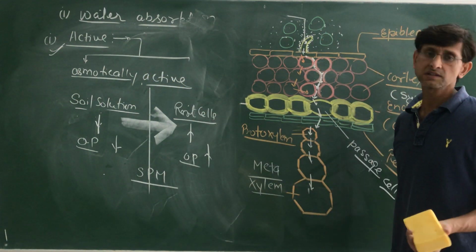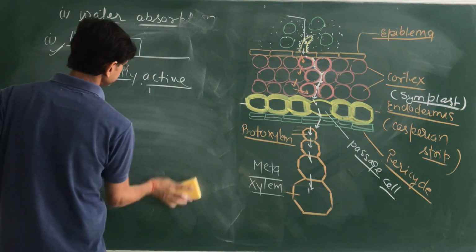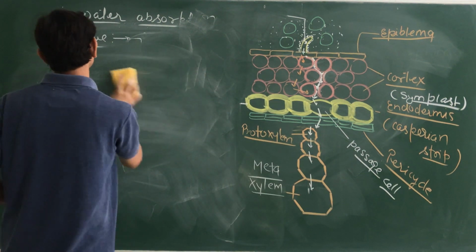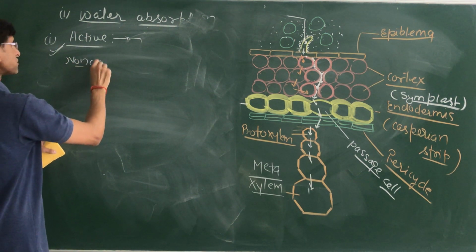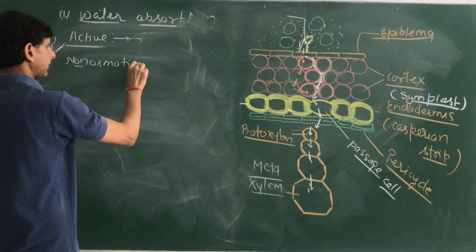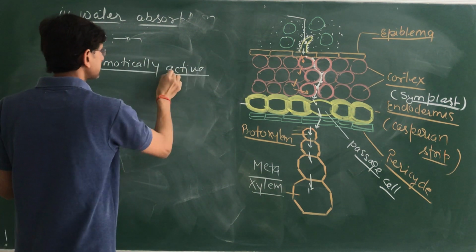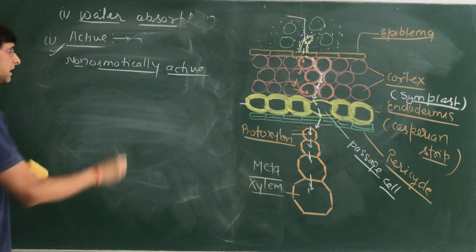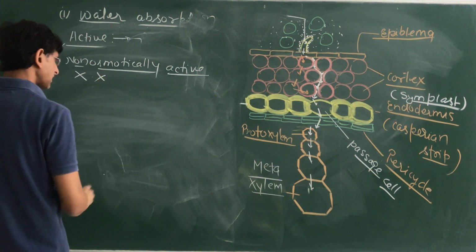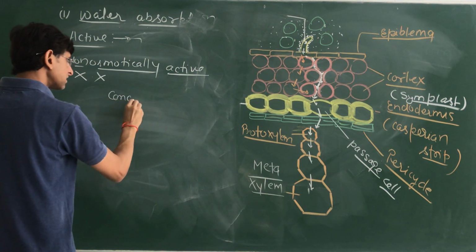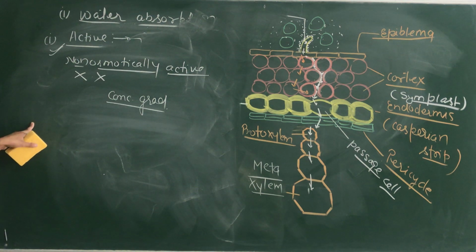Then we consider the second type, which is non-osmotically active water absorption. As the name suggests, here osmosis is absent. Why osmosis is absent? Because concentration gradient does not favor the process of osmosis.